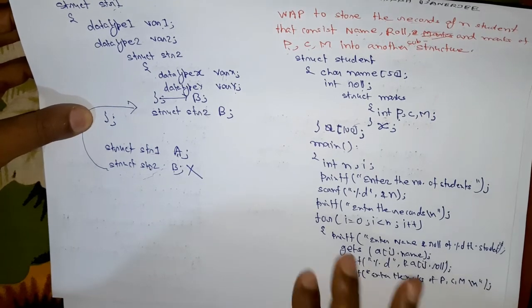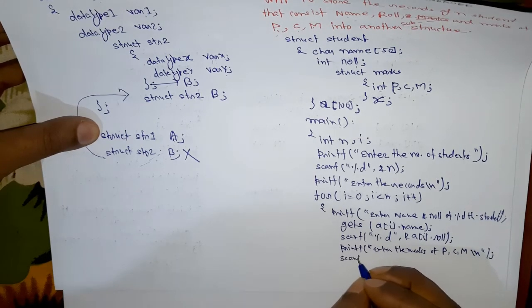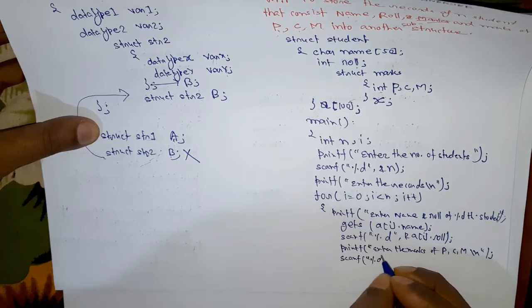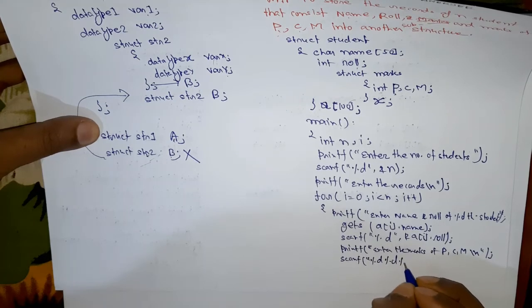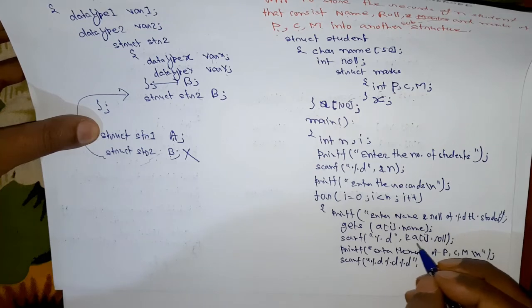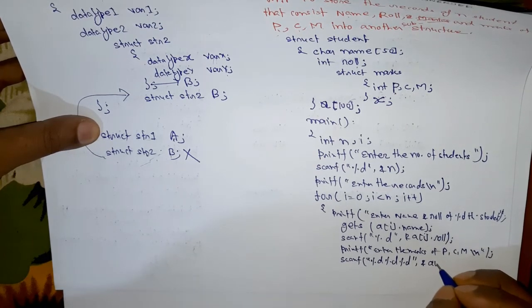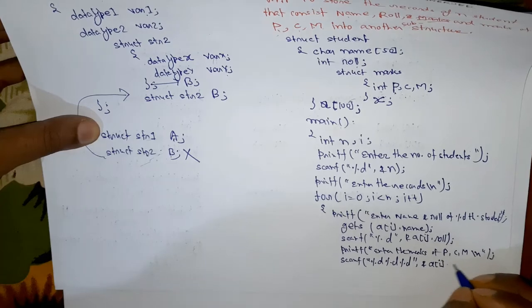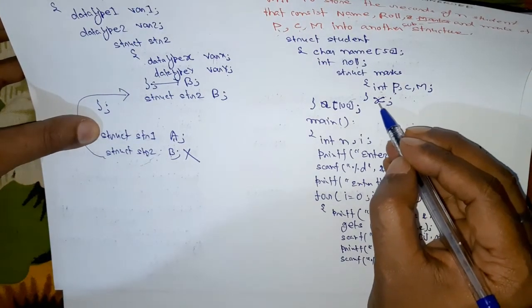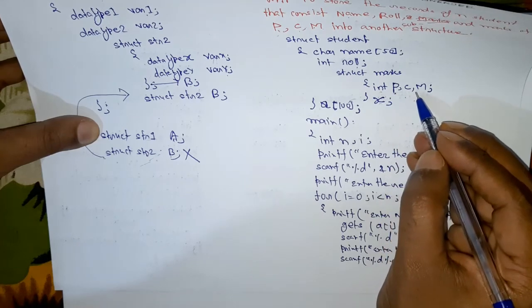As a result, the user will provide the input. To take the input, scanf %d %d %d, three inputs which are integer in nature. Now we are going to store the a[i] records, so here it should be &a[i]. For accessing the PCM, we need this instance for storing the marks of physics, chemistry and mathematics.